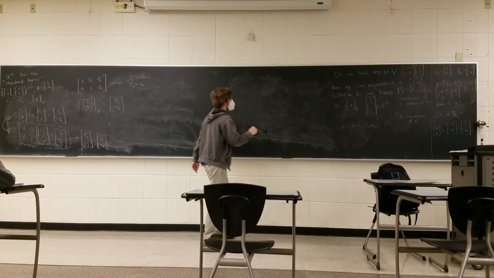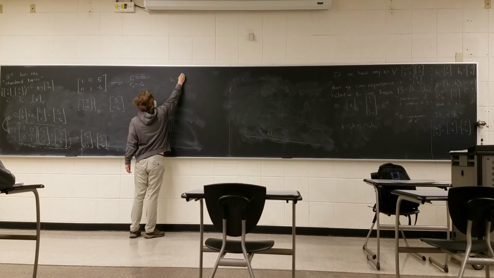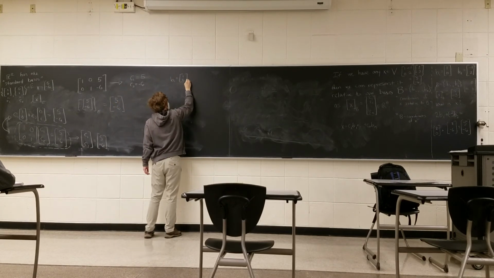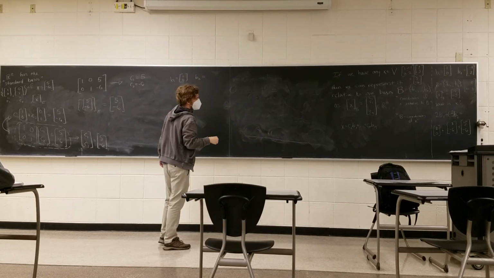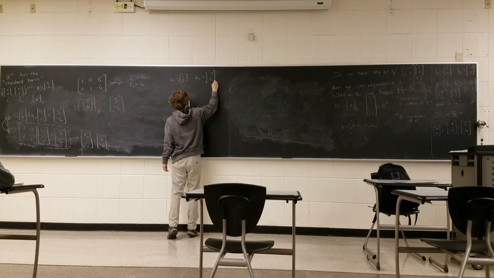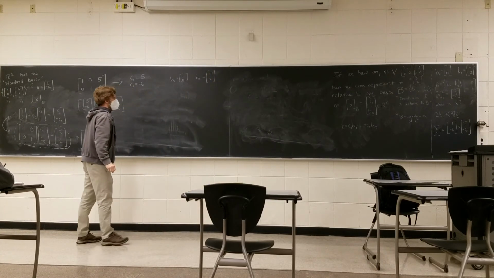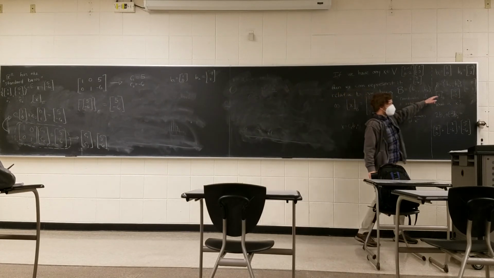So we have a basis: B1 is equal to (1, 0), B2 is equal to (-1, 2). And we said that the representation of x was (2, -3).